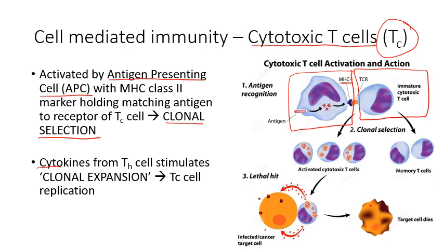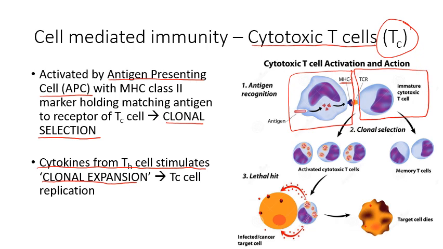So those cytokines from the T helper cell are required to stimulate a cytotoxic T cell to begin clonal expansion, where it creates thousands and thousands of copies of itself. If the cytotoxic T cell does not receive those cytokine messages from the helper T cell, it will not be able to perform clonal expansion.